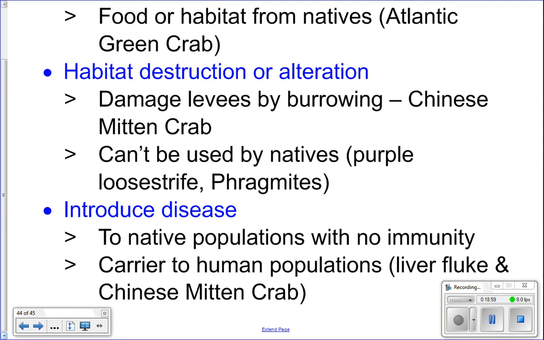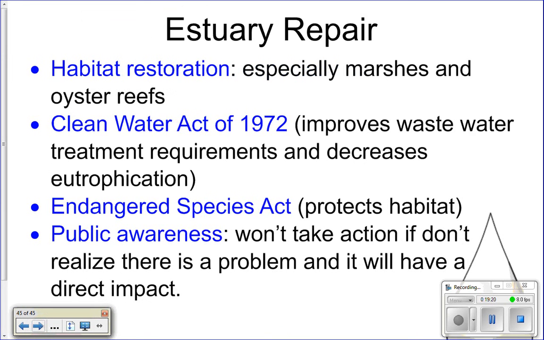It also can affect native populations. So an introduced species would bring a disease to a native species, and the native species can suffer greatly because they have no immunity to this disease. So introduced species are bad. Very, very bad.